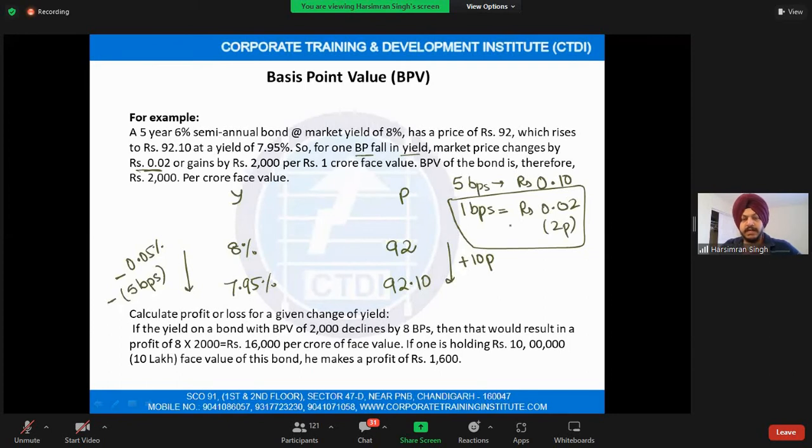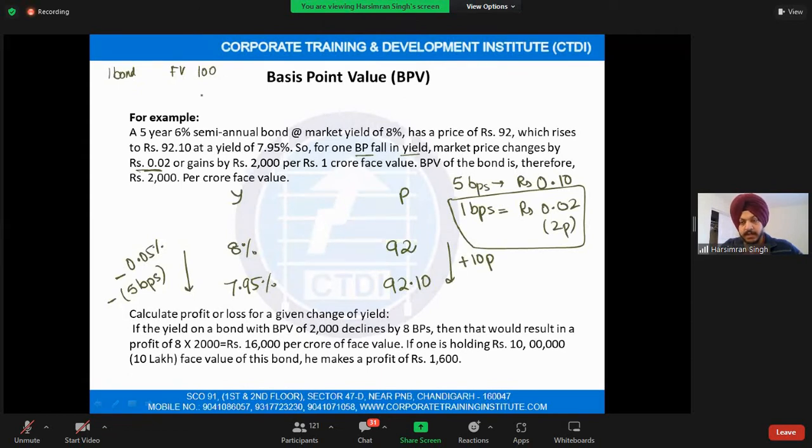Now he says that the value of your portfolio is 1 crore face value. So look here, for one bond, face value is 100. Now for 1 crore, how many bonds will there be?